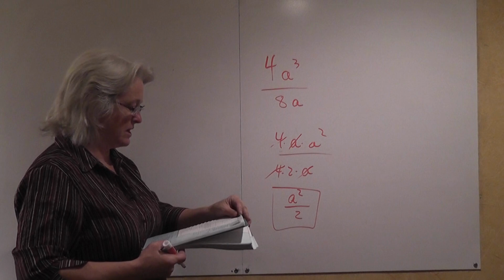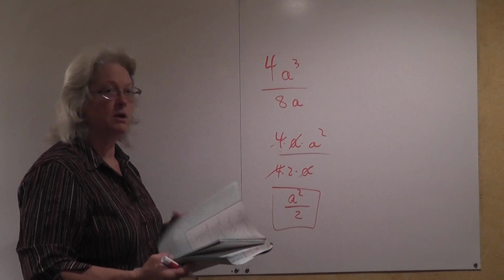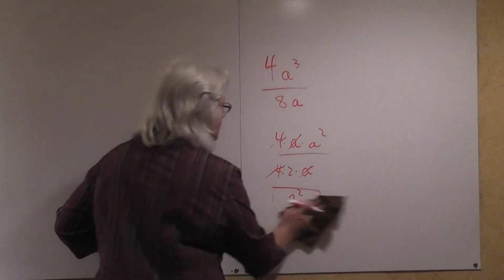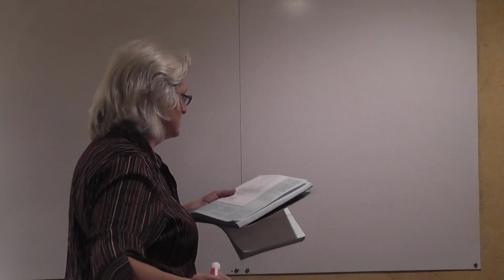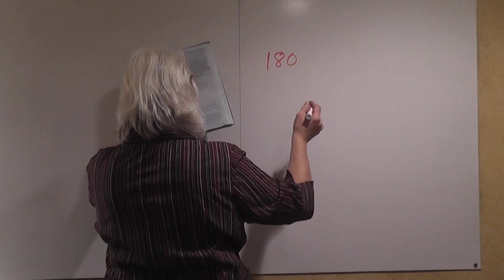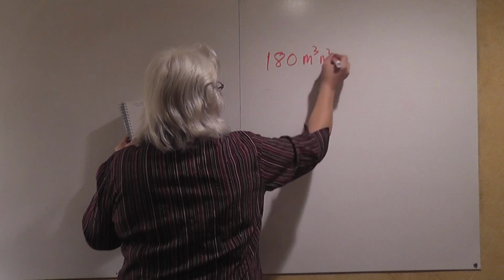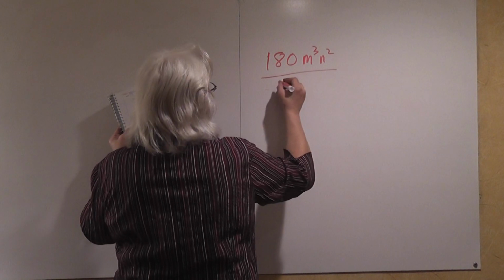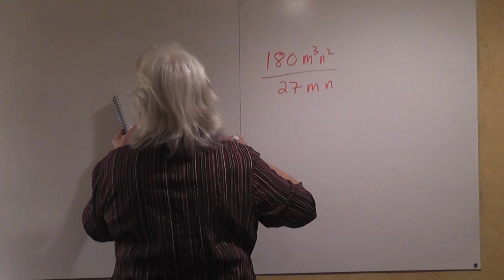Okay, let's go ahead and look at another example that is, yet again, some review for you, but it doesn't hurt to ease into what we're doing. It says simplify 180 m cubed n squared divided by 27 m n.